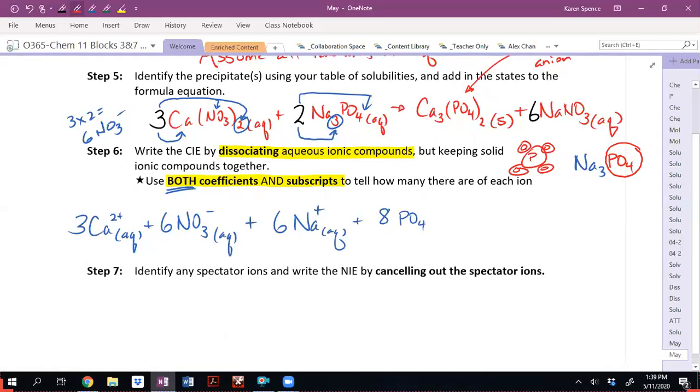How many phosphate groups do we have in this formula here? 1? Just 1, okay? So when I do this, I actually don't have 2 times 4. I was trying to trick you there, okay? We just have 2 phosphate groups, okay? So that'll just be a 2, okay? And that is 3 minus. Now our next one, oops, I forgot my aqueous. Our next one is a solid. So what do we do with it? Do we take it apart or leave it together?